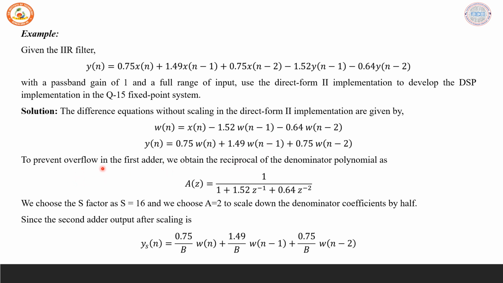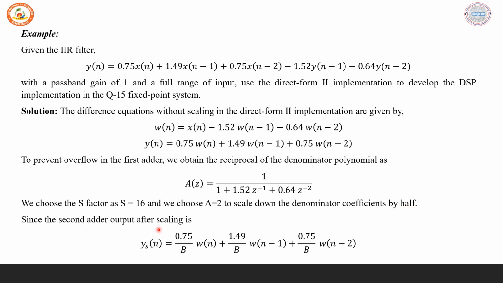To prevent overflow in the first adder, we obtain the reciprocal of the denominator polynomial as A of z equal to 1 divided by 1 plus 1.52 z inverse plus 0.64 z power of minus 2. Here we choose the s factor to be equal to 16 and we choose a equal to 2 to scale down the denominator coefficients by half.